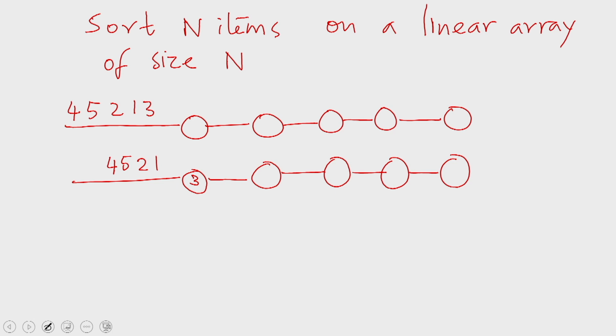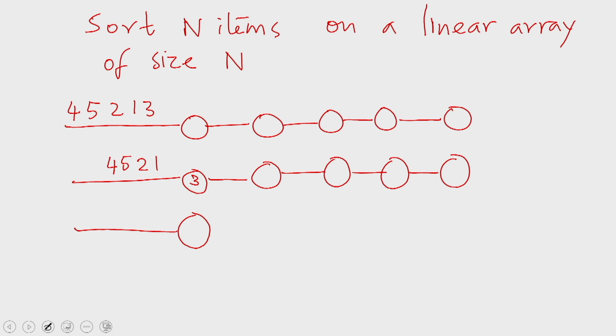Now, in the second clock cycle, the first processor has 1 coming in. It already has a value stored inside it, which is 3. What it does is this: it compares the incoming value with the already stored value.